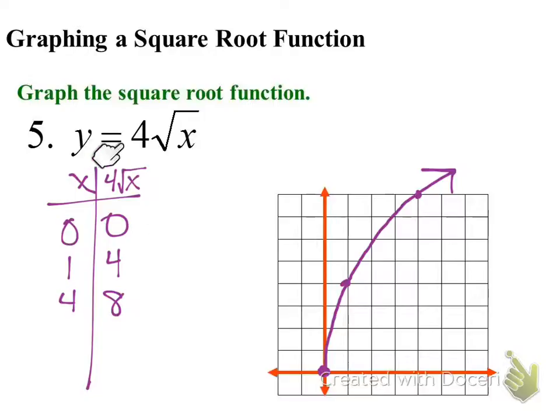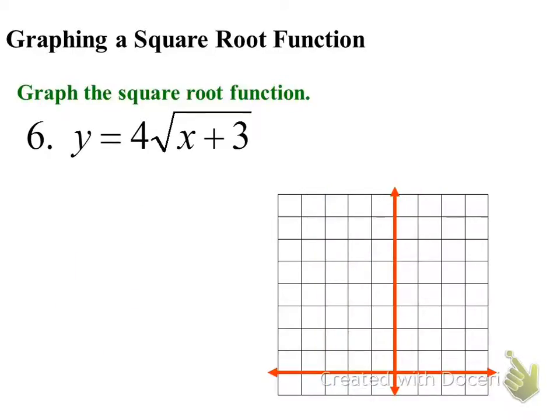So we're going to use this table now as our main function. 4 root x, what's happening? That's what we're going to be asking ourselves. Do the inputs change? Because if the inputs change, I'll change my x column. If the outputs change, I'll change my output column.